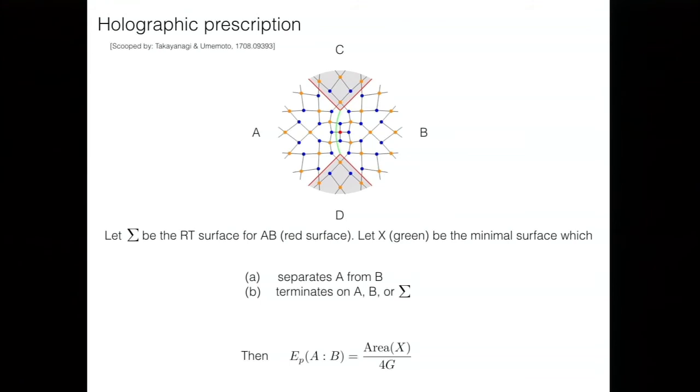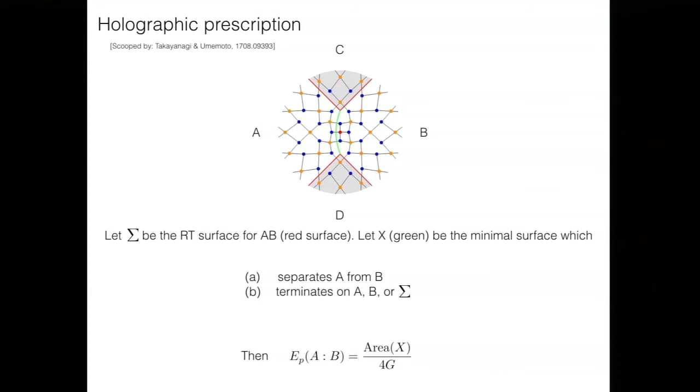And then you look for the minimal surface which is able to separate A from B. And because we've separated out those wedges, the minimal surface X is now allowed to terminate either on the Ryu-Takayanagi surface or just on the boundary itself. So it's the minimal curve separating A and B, which is allowed to terminate on the RT surface. And then the entanglement of purification becomes the area of that green curve there.